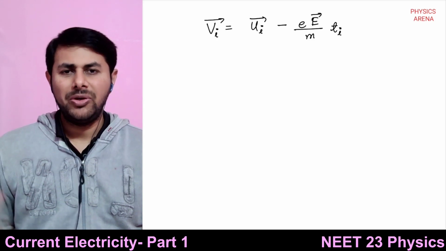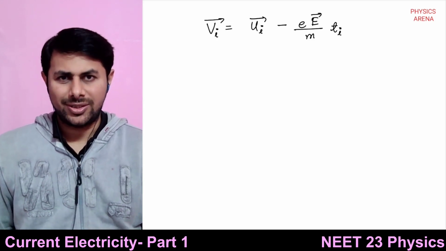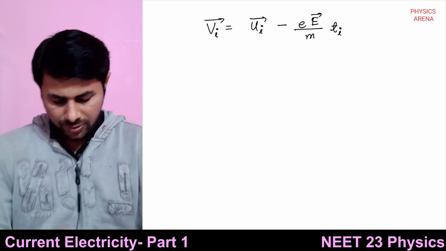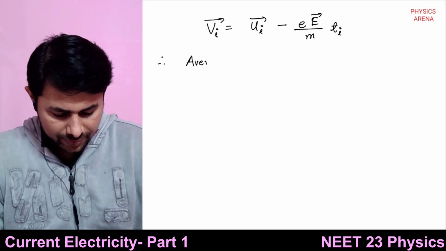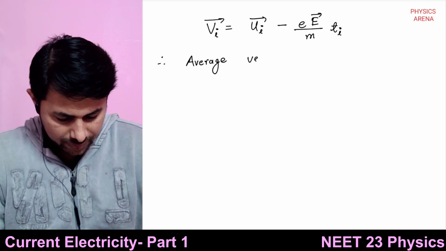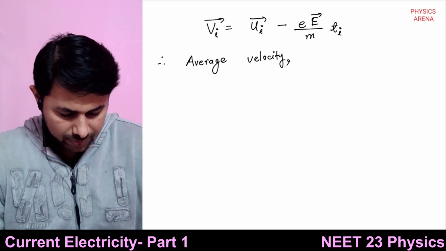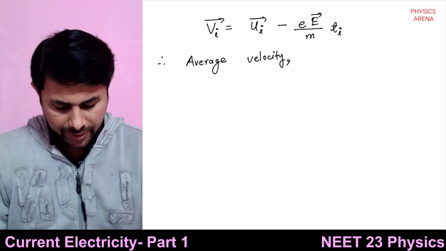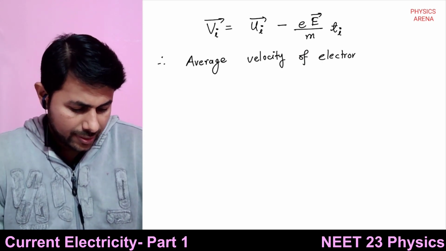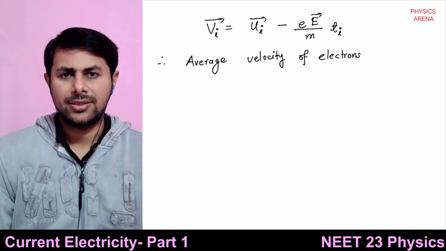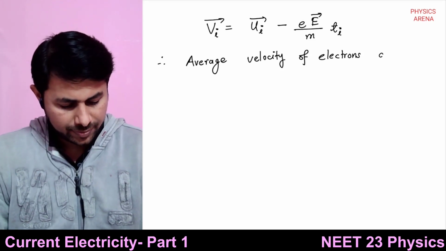Now if we want to find out the average velocity, what will happen? So let's find out the average velocity of electrons after we apply an external electric field.